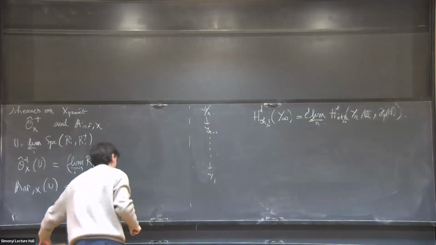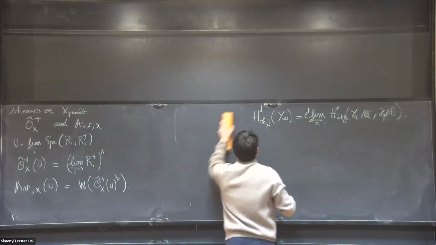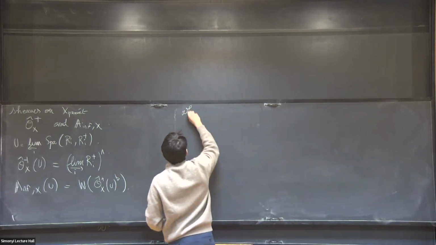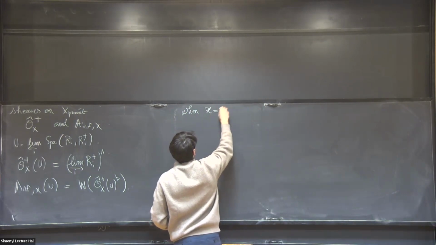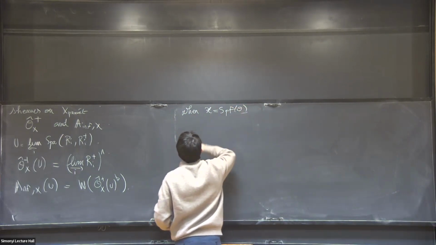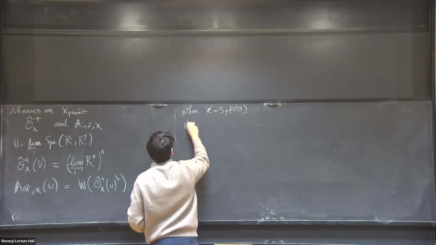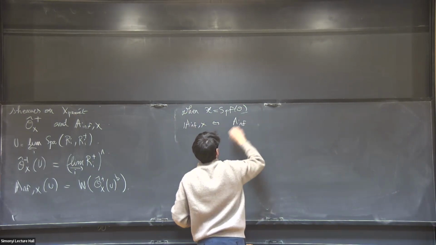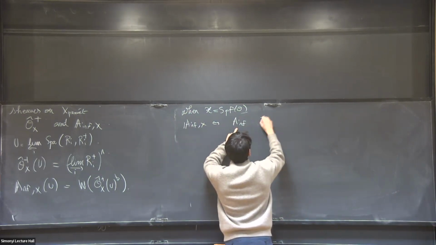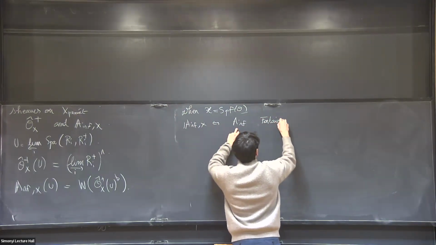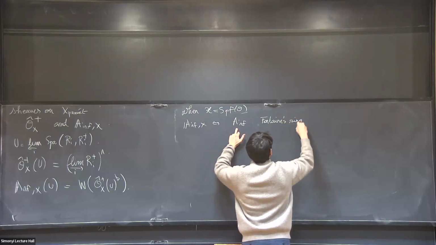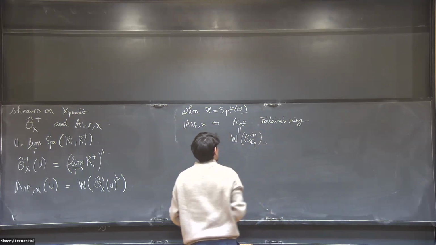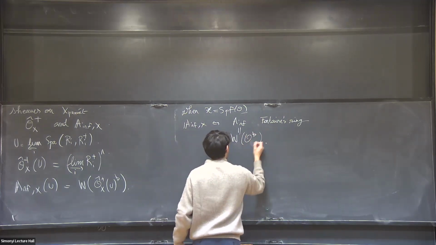So let's say X is a point. Then you get A_inf of X is essentially A_inf. This is Fontaine's ring. So it's the Witt vectors of the tilt of O_C.